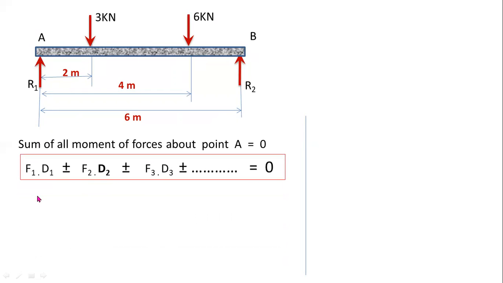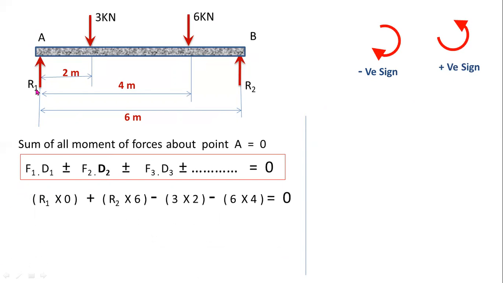So these are the important sign conventions. Here R1 passes through point A, so R1 into 0 distance, and R2 passes through point B at a distance of 6 meters from point A. So 6 meters is the perpendicular distance. So 6 into R2 is the moment of force R2.